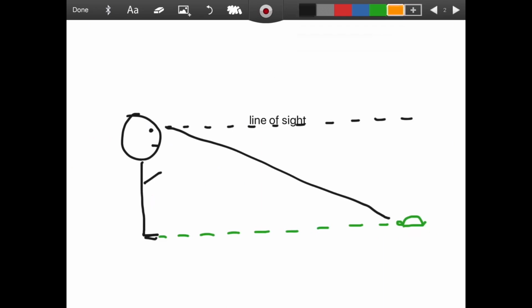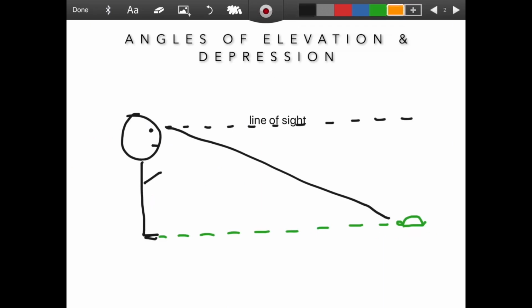Next, we need to review angles of elevation and depression. If you are standing outside and looking straight across to the horizon, you can see your line of sight is labeled. But if you look down toward the turtle, then this has created an angle of depression with your line of sight. Notice the turtle's regular line of sight is parallel to the ground.